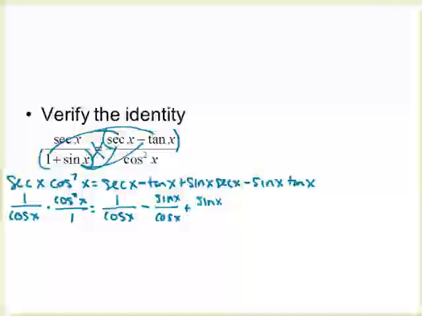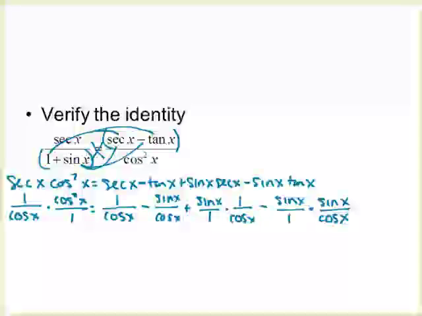Sine stays sine. I like to put it over 1. Secant becomes 1 over cosine. Sine goes over 1. Tangent becomes sine over cosine. So just turn everything all the way through into fractions so that everything is sines and cosines.